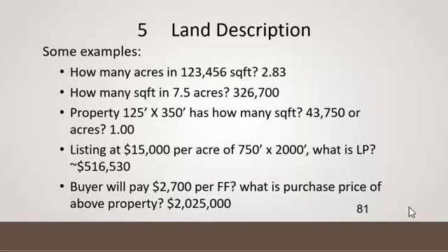I don't think that's right, is it? 750 feet times 2,000 feet. Yeah, that sounds more like it. Now he wants $15,000 per every one of those acres. So multiply that by 15,000.